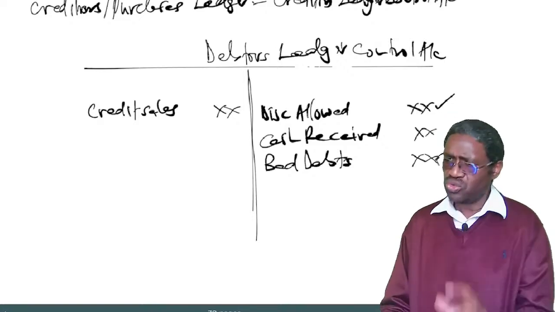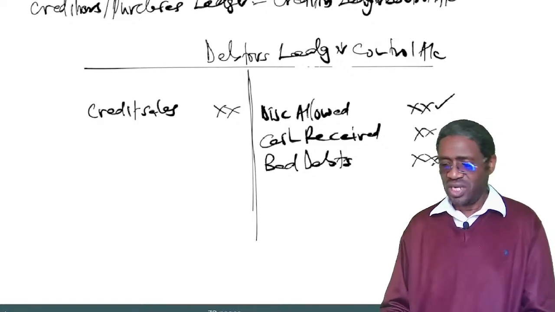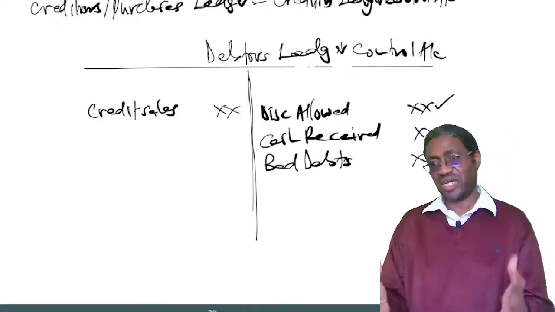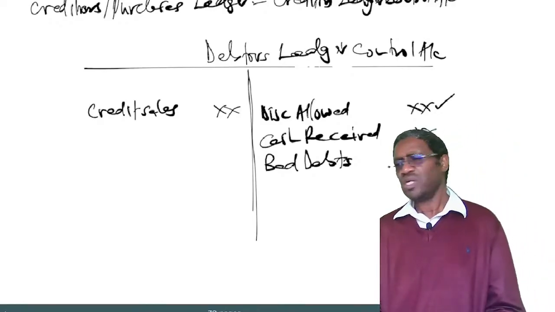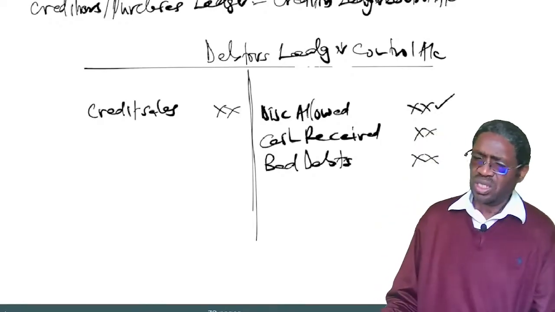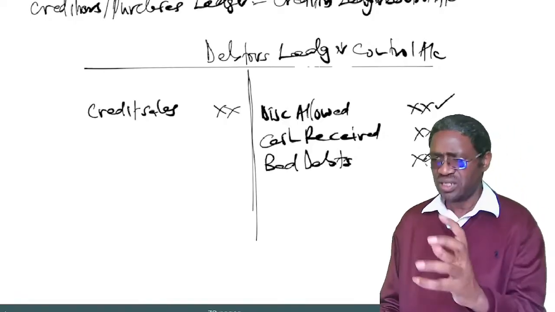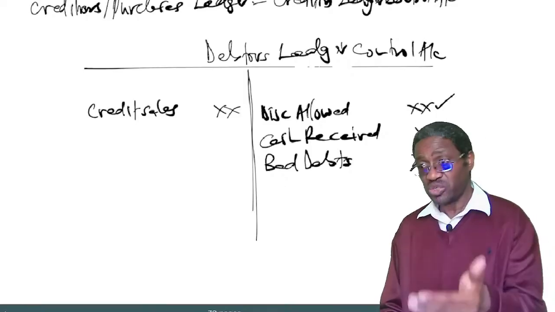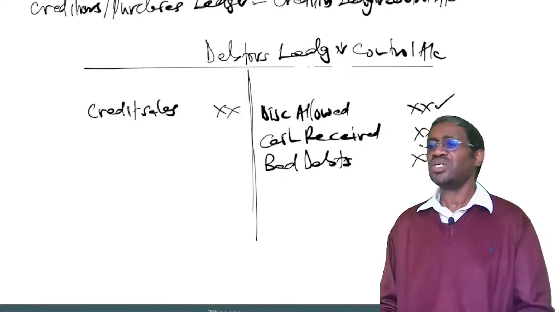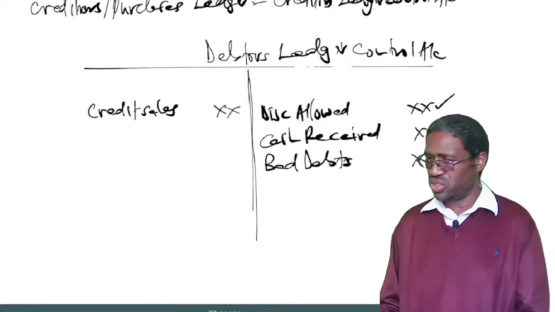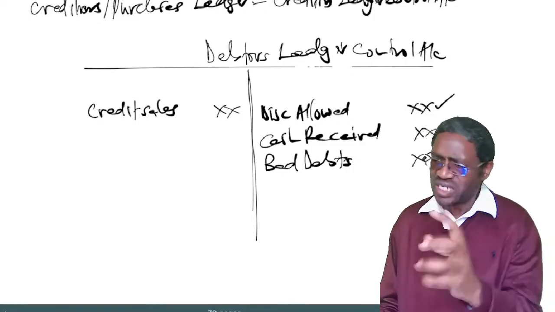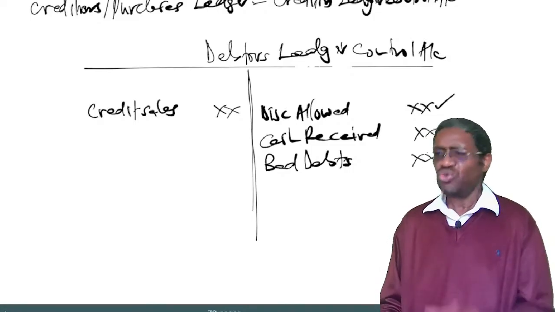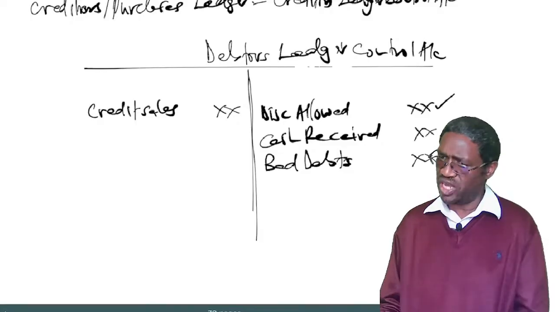You sold goods to your customer on credit and you debited the debtors, just like we have done here. For whatever reason, that customer returned some of the goods. Maybe they were damaged, maybe they were spoiled. When goods are returned by debtors, you have to reduce what you owe to them.